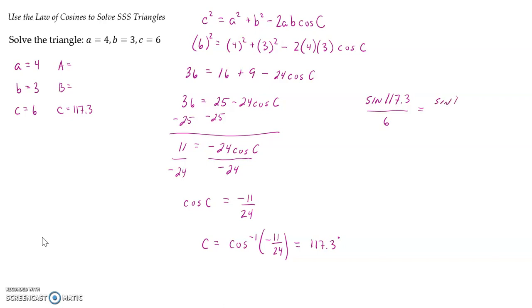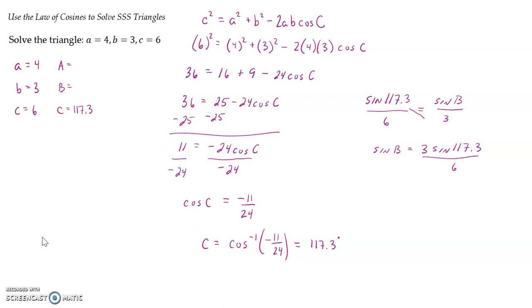So I've got sine of b over 3. And we want to go ahead and cross multiply here. So we've got 3 times sine of 117.3, all of that divided by 6, and that's going to be equal to sine of b.